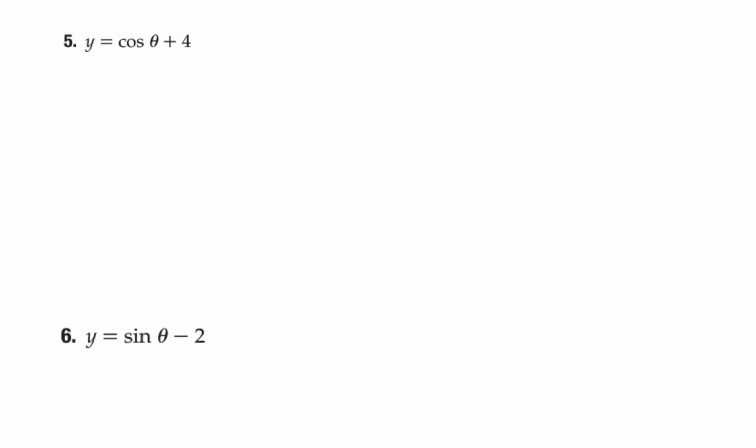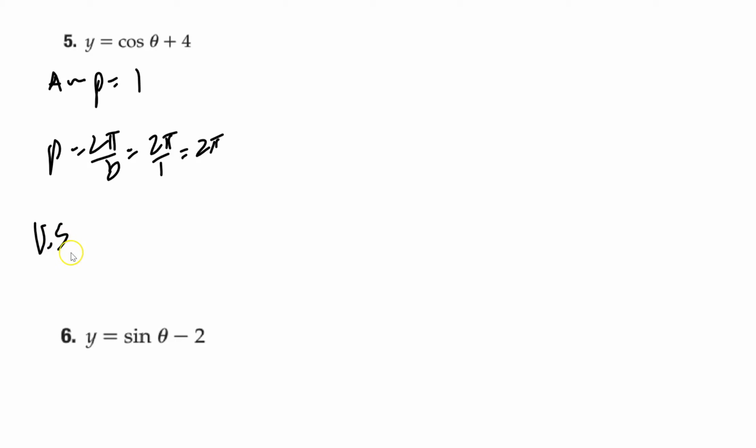Let's try this one. In this one, my amp is 1, there's no number there. My period is 2 pi over b. There's no b, so 2 pi over 1, or just 2 pi. My vertical shift, because you notice that's on the outside, is 4. So I'm going to start at +4. It's my new middle.